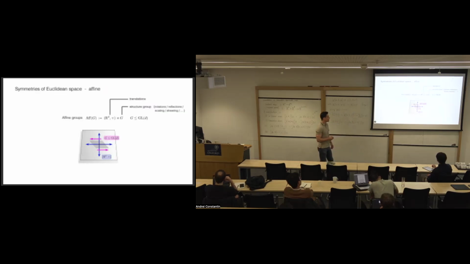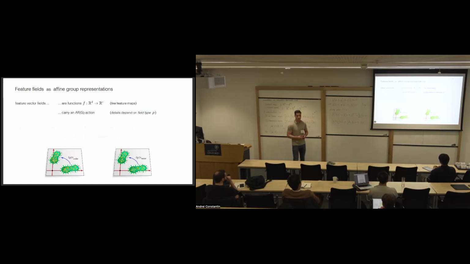And we are actually looking at a more general class of symmetry groups, which are called affine groups. Here we have the semi-direct product where the orthogonal group is replaced by any matrix group, which is a subgroup of the general linear group. So this could model in particular rotations and reflections, but also shearing or, what is the other example? Scaling or something like that.